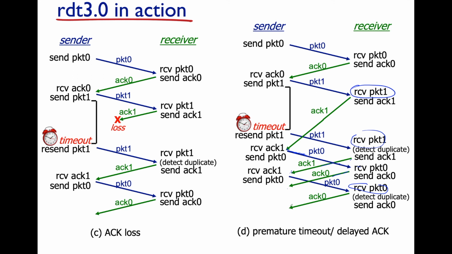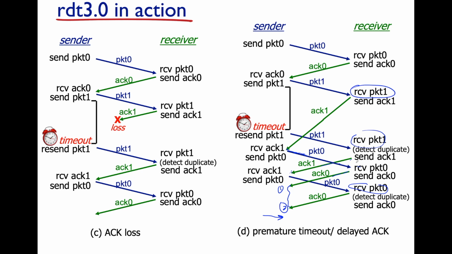Then there's the first ACK0, here's the second, a duplicate ACK0. The sender just ignores that and then moves forward with packet number 1 for the RDT send from above. And so eventually, on the sender side, it ignores the duplicate ACK. On the receiver side, it ignores the duplicate packet, and then they sync up with one another eventually.